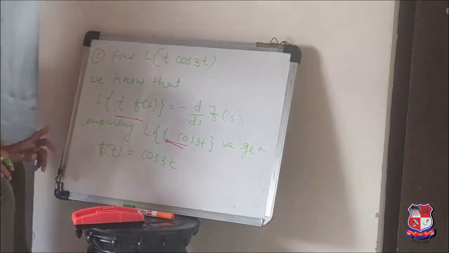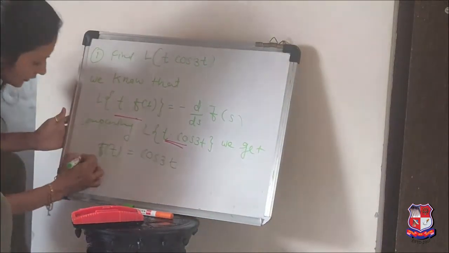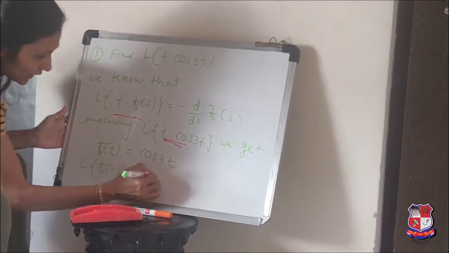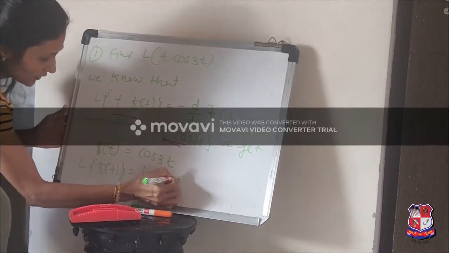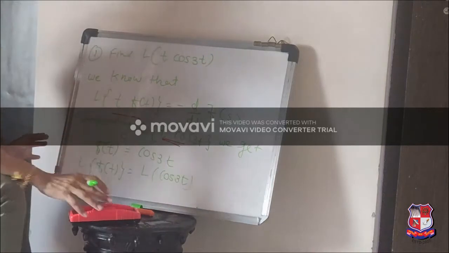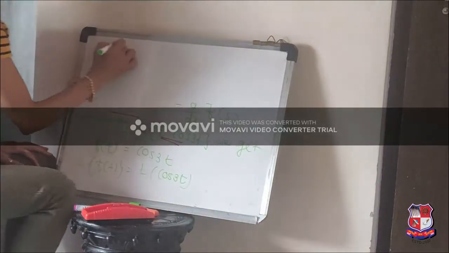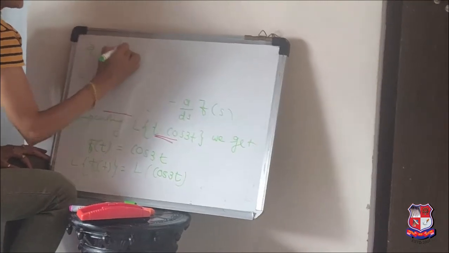Now we take Laplace on both sides. L of f of t is equal to L of cos 3t. Now what is the Laplace of cos 3t?